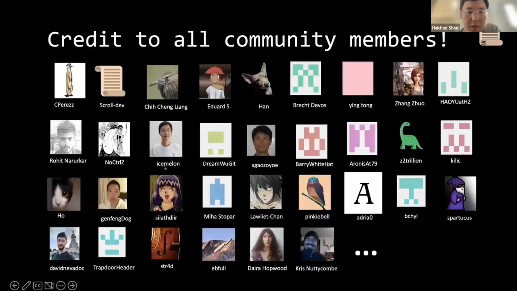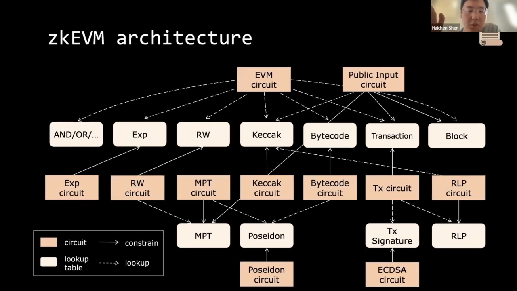For example, all of the circuits you have here are going to be padded to the same size, the same number of rows inside each circuit or lookup table. That makes it easier to constrain and connect between different circuits and tables. The size of the circuits is also configurable depending on a trade-off. If you have larger circuits, then you can support more gas cost inside your transactions in the layer 2 blocks.